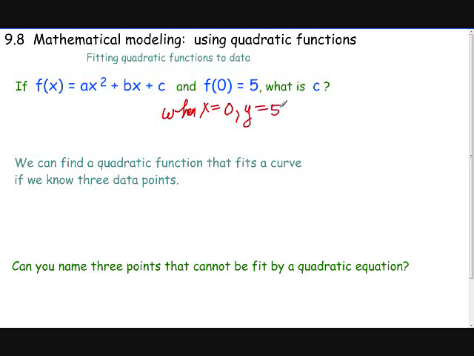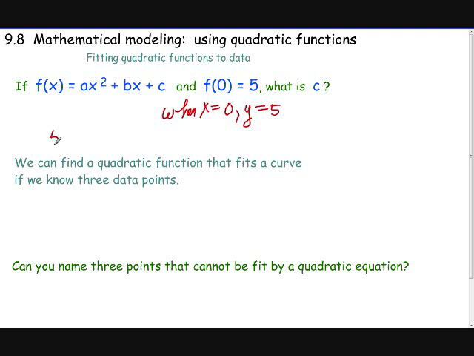What do I know about c? Okay, so my function f, when x is 0, right? Instead of putting in x, I put in a 0. That's all equal to 5.